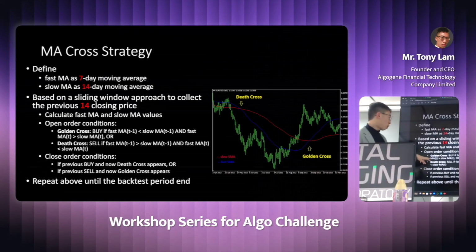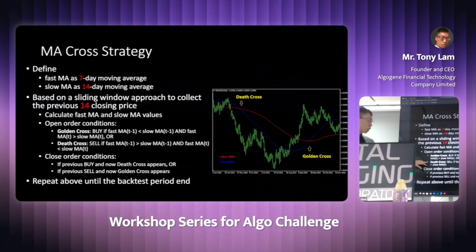As mentioned, for a golden cross, the idea is that the previous fast MA is less than the slow MA, but today, fast MA is greater than slow MA. So we have the golden cross. If we observe the golden cross, we will open a buying position.